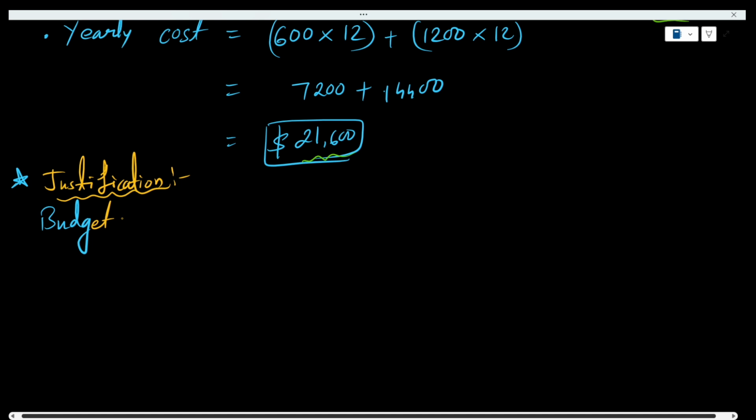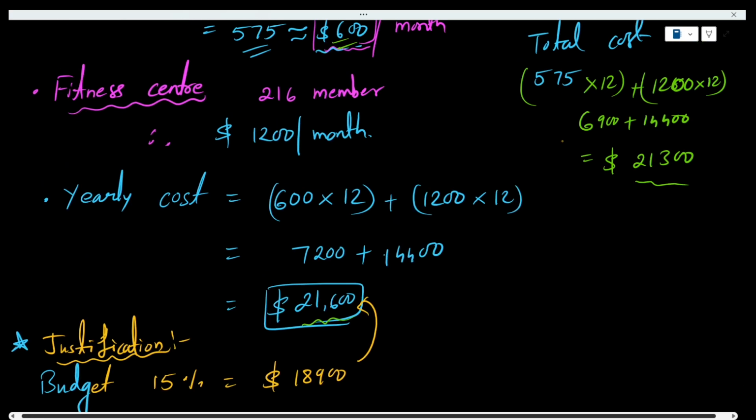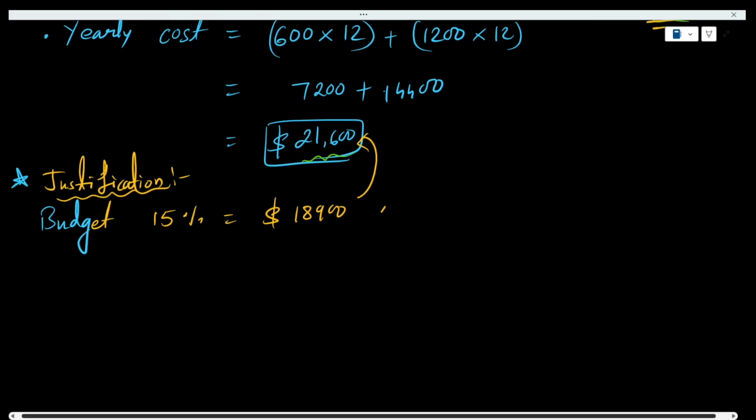So the budget was 15%, which was coming as 18,900, whereas the total expenditure is 21,600, or if you take the minimum, it is 21,300. So this is more than the budget, if I take the maximum 21,600.